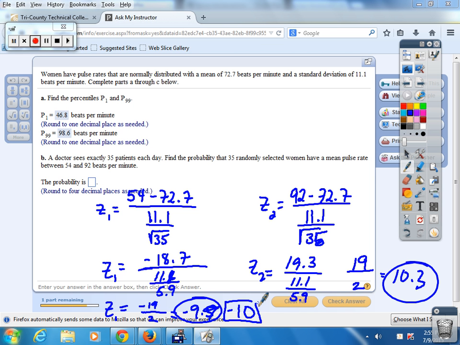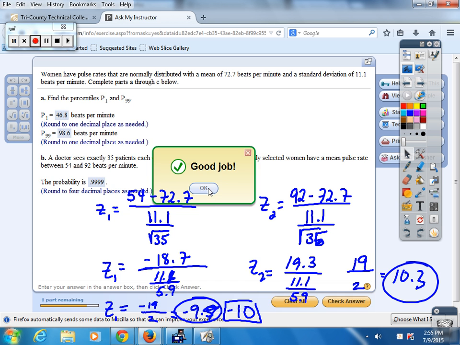It's going to be like 99%. Okay, I said 100%. Those seem awfully high unless we're doing something wrong. Probability is 1, or 0.9999. Yep.